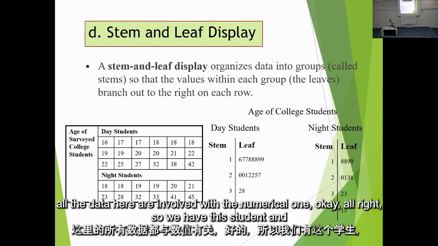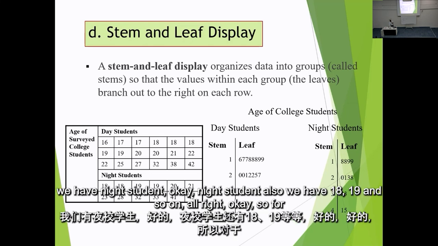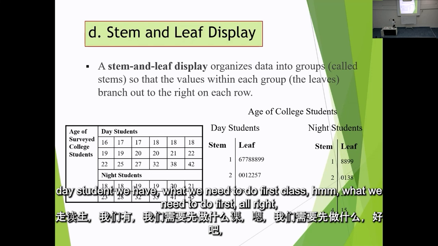We have day students and night students. Day students are 16, 17, 18 and so on. Night students also have 18, 19 and so on. For the day students, what do we need to do first, class? Yes, correct.